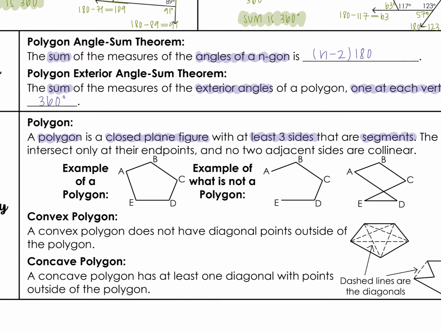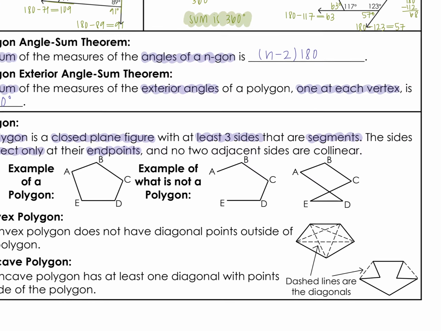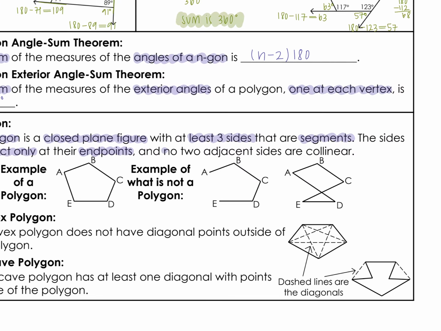Okay, the sides intersect only at their endpoints. And we have no 2 adjacent sides, so remember that word adjacent just means that they are next to each other, are going to be collinear. So that word just means that they're forming a straight line.